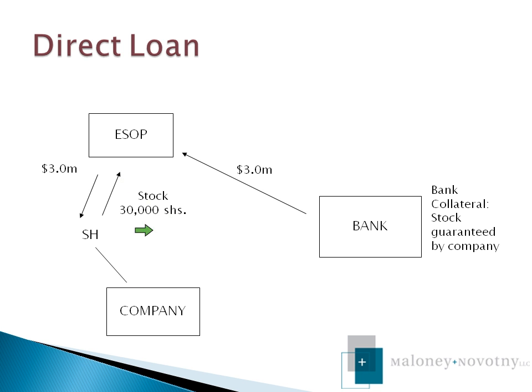So there's no mirrored loan here. What happens on the financial statements of the company is essentially as Bill has described. You book the $3 million debt, rather than note payable bank, it's note payable seller, and the debit is unearned ESOP shares for $3 million.